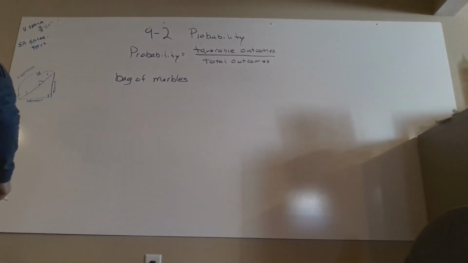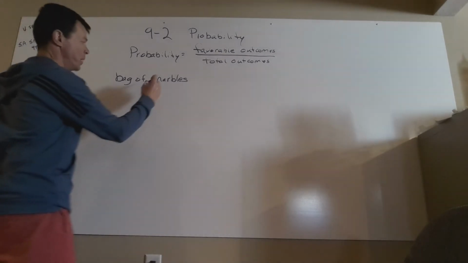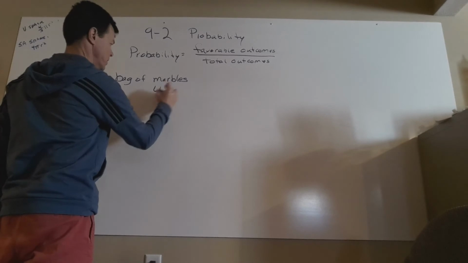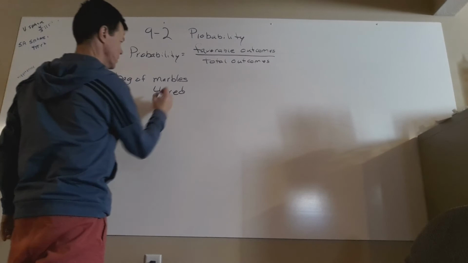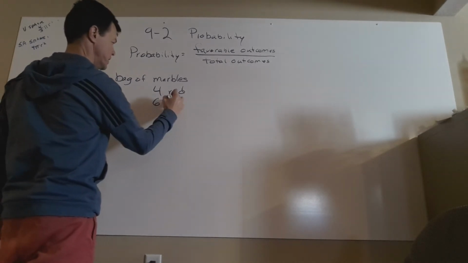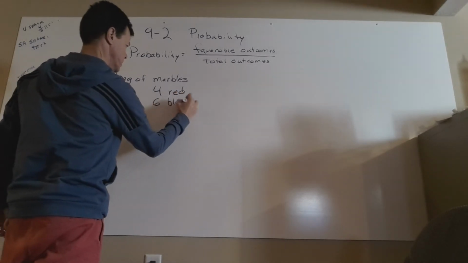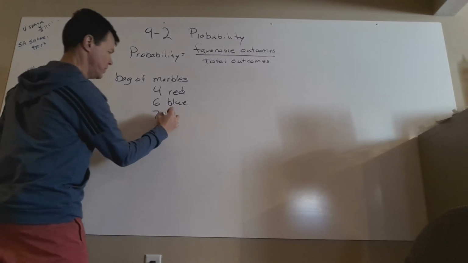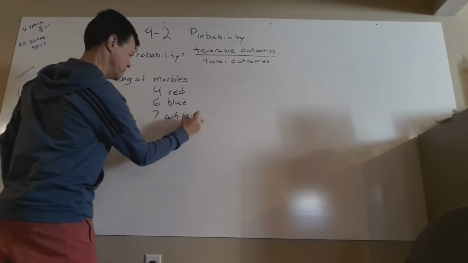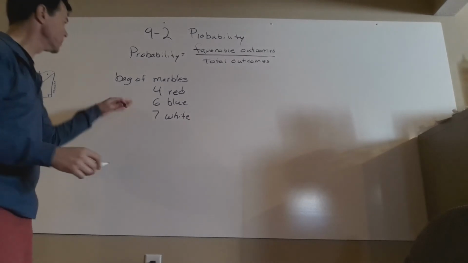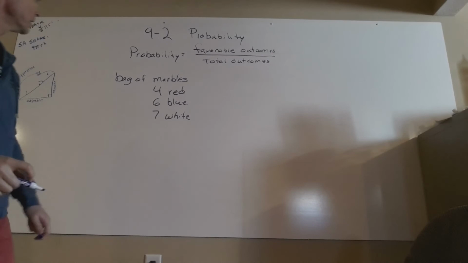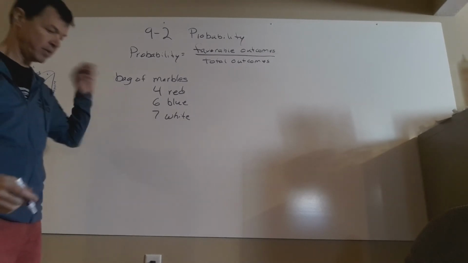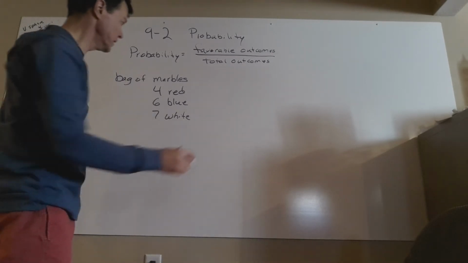In your bag of marbles, let's say you have 4 red marbles, 6 blue ones, and 7 white. In your bag of marbles, you have 4 reds, 6 blue, 7 whites, and we're going to figure out probabilities of different situations in these.